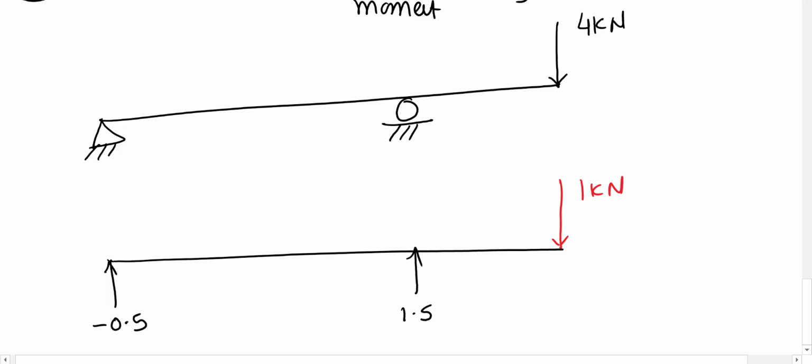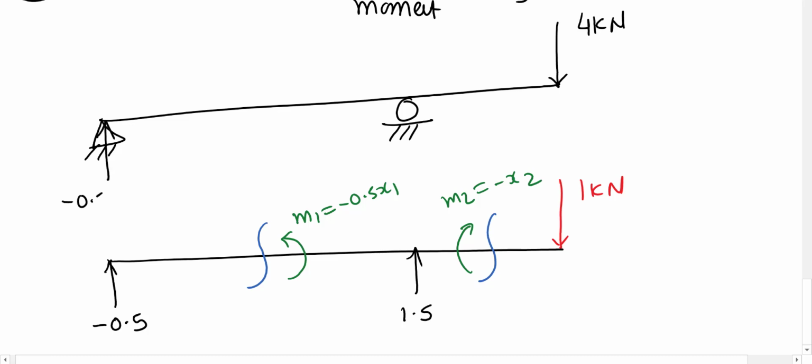If I replicate this and take the two cuts, we found small m1 of minus 0.5 x1, and small m2 of minus x2. So I just need to amplify everything by 4. Minus 0.5 times 4 would be minus 2, and 1.5 times 4 is equal to 6 kilonewton.